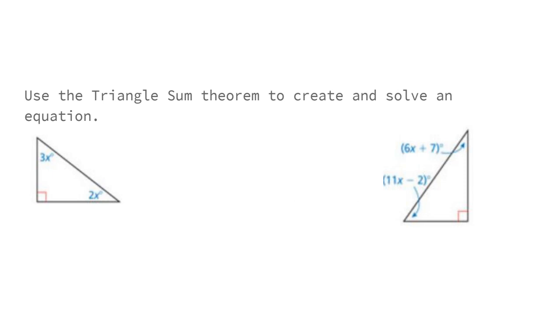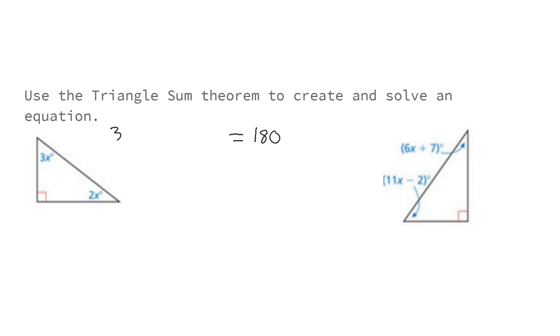So then you might have to create some equations. If we look at it, we're going to use the triangle sum theorem. As always, all these angles equal 180 degrees, and we've got to figure out what x is. So we still take the idea of the sum. We add up all the angles.